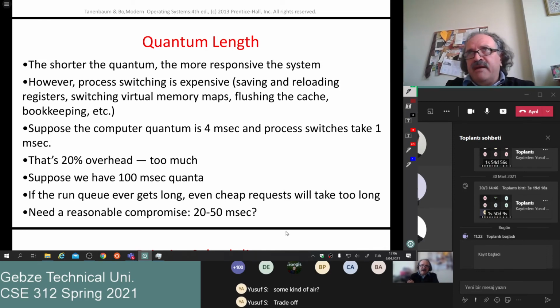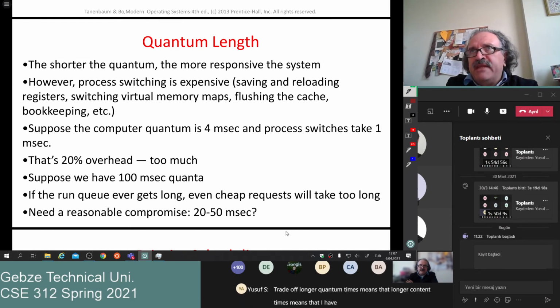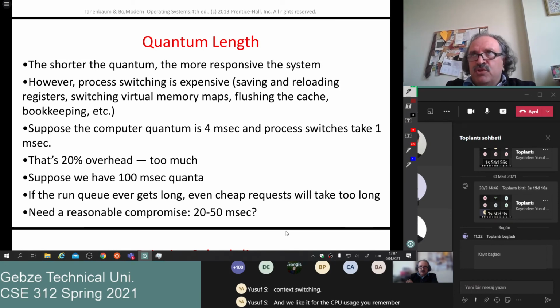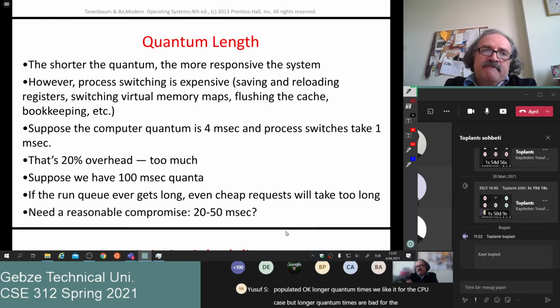Longer quantum times means efficient, no unnecessary context switching, and we like it for the CPU usage. You remember how much it costs to go to the memory, invalidate the cache, and repopulate it. Longer quantum times we like it for the CPU case, but longer quantum times are bad for the interactivity.